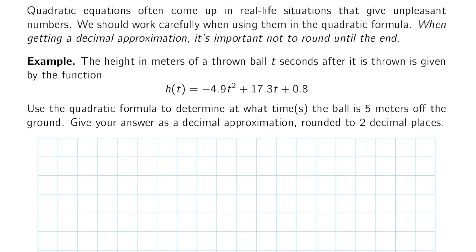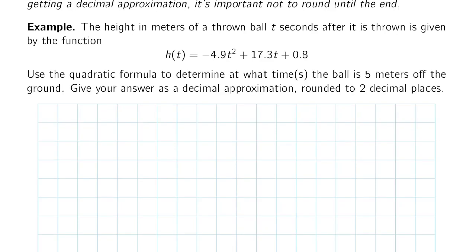T seconds after it's thrown, its height in meters is given by negative 4.9 t squared plus 17.3 t plus 0.8. And we want to use the quadratic formula to determine at what times the ball is 5 meters off the ground. So 5 meters off the ground means h of t equals 5.